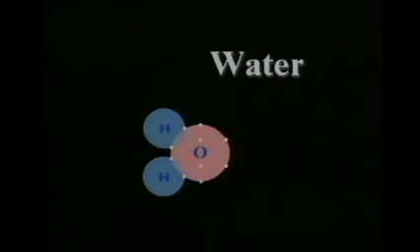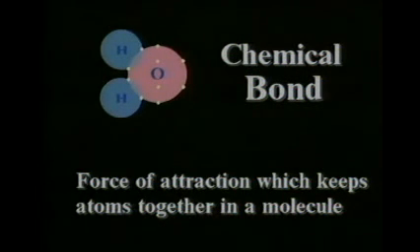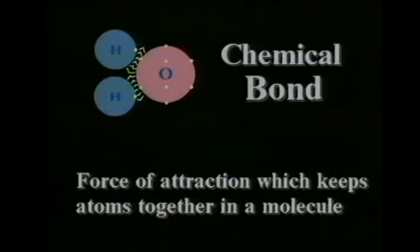A chemical bond is the powerful force of attraction which keeps atoms together in a molecule. Every molecule stores a certain amount of potential energy within its chemical bonds. The water molecule may be represented by the symbols H2O.